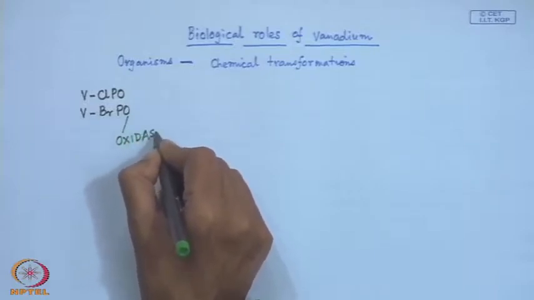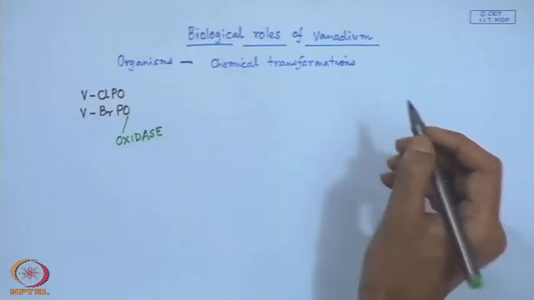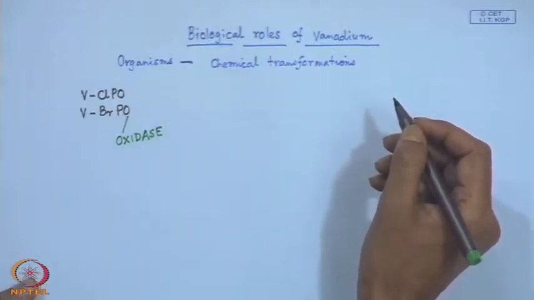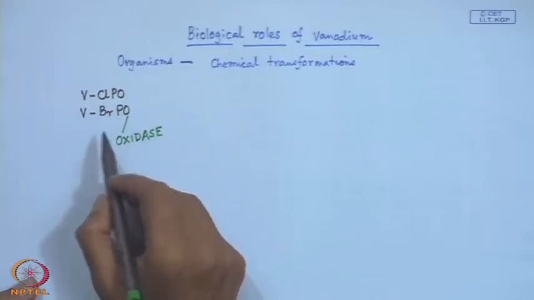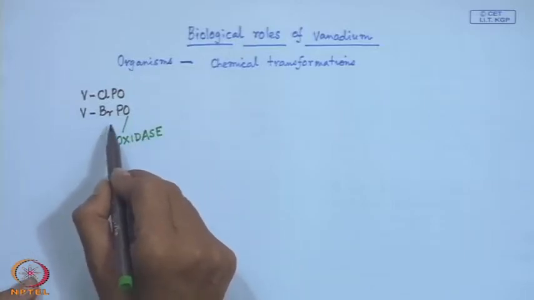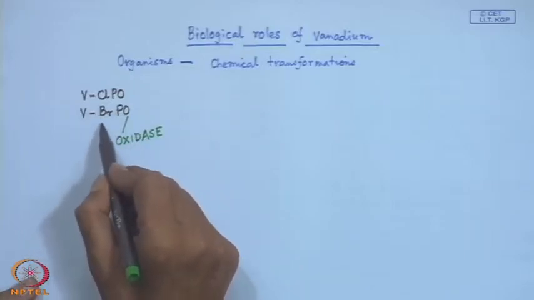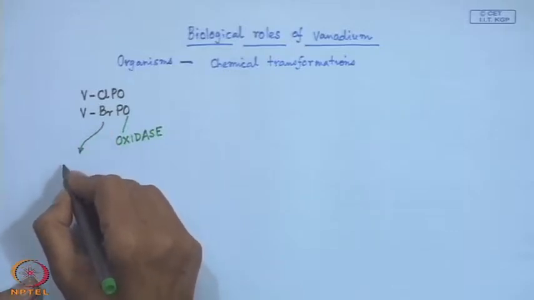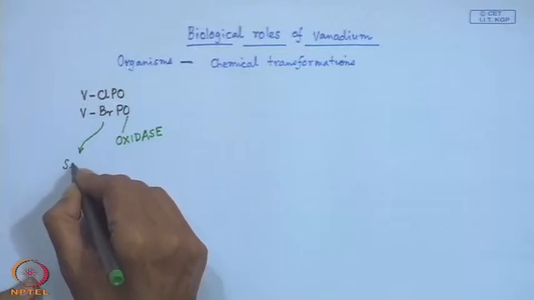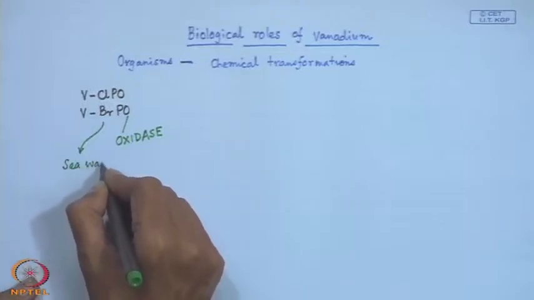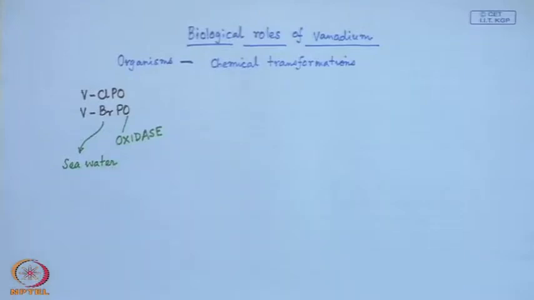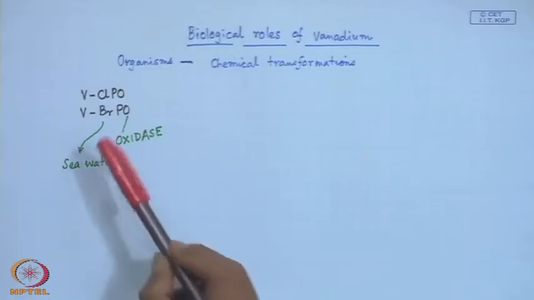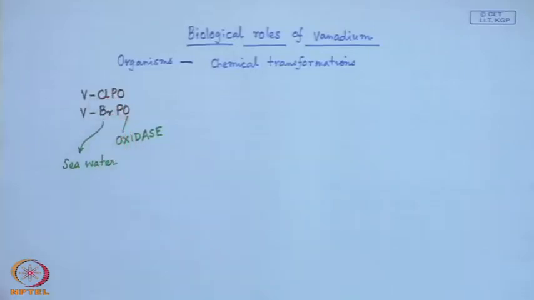So, how nature is performing this dual role of activating some of the substrates in presence of the halides, which are very much available in marine system or in sea water. So, we all know that in sea water large amount of the halides, whether they are bromide, chloride or iodides, are available.